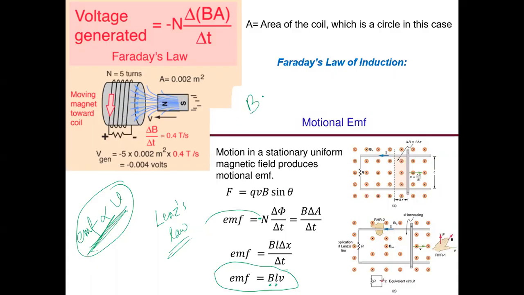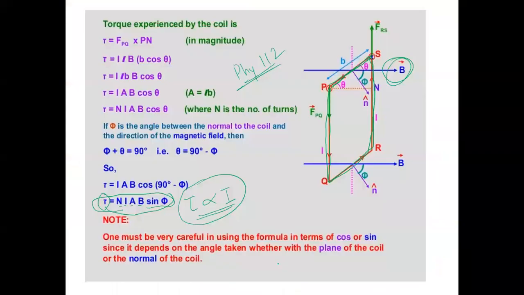If your B is constant and L, the length of the conductor, is constant, then you can say EMF is proportional to B. Similarly, here, this is the rectangular coil, so the number of turns is N. Number of turns is constant.